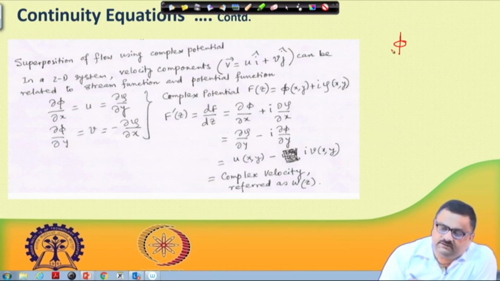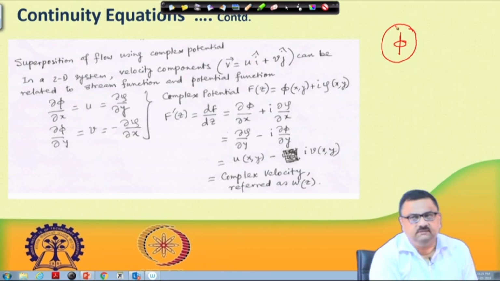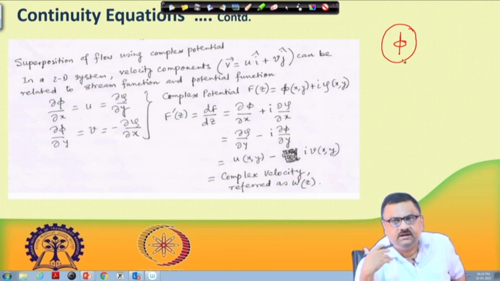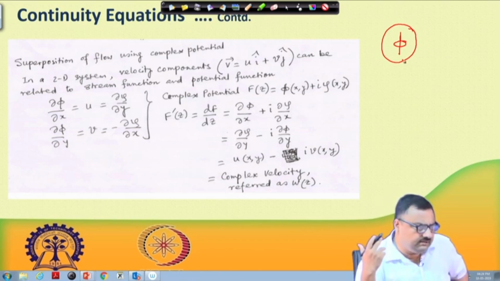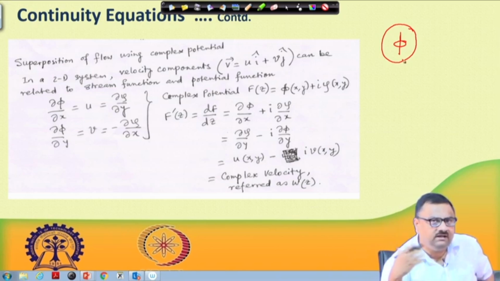You will find that potential lines, along which this potential function phi is constant, and isobaric lines, where the pressure is constant, are in many cases similar, but people prefer to work with the potential function, because the definition of pressure is not that if you have a pressure gradient then there is a flow. Pressure is not defined that way.